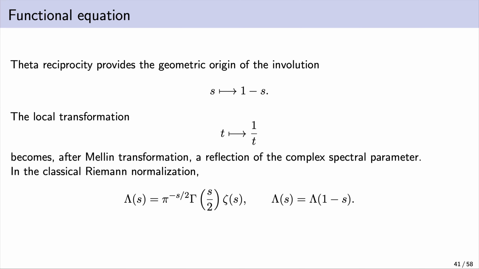So next we'll look at the functional equation. Theta reciprocity provides the geometric origin of the involution S maps to 1 minus S. The local transformation T maps to 1 over T becomes, after Mellin transformation, a reflection of the complex spectral parameter.